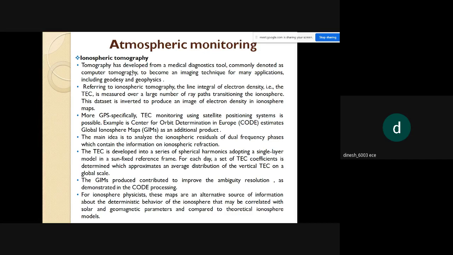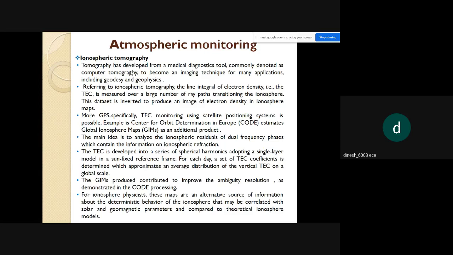The main idea is to analyze the ionospheric residuals of dual frequency phases, which contain the information on ionospheric refraction. This TEC is developed into a series of spherical harmonics, adopting a single layer model with the sun as fixed reference frame. For each day, a set of TEC coefficients is determined, which approximates an average distribution of the vertical TEC on a global scale.